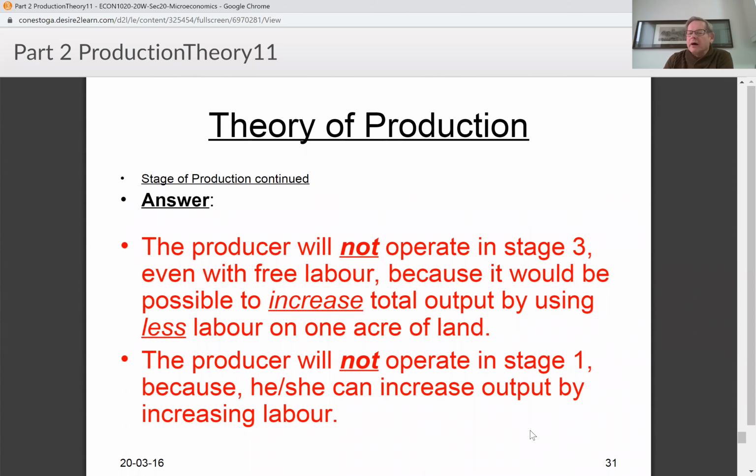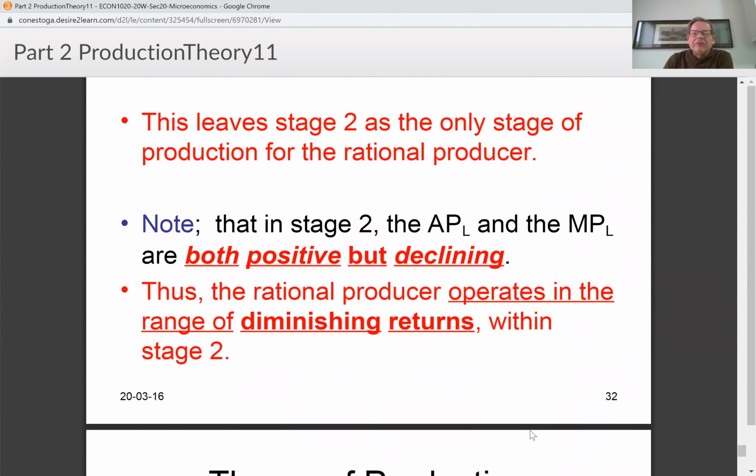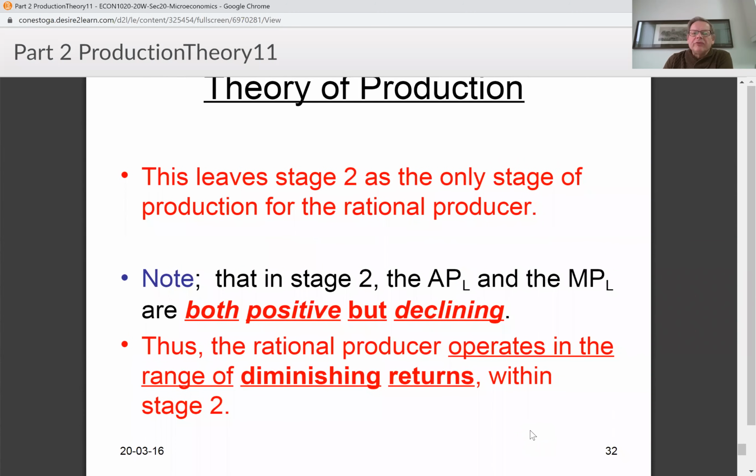The producer will not operate in stage three, even with free labor, because it would be possible to increase total output by using less labor on 1 acre of land. The producer will not operate in stage one because he or she can increase output by increasing labor. So this only leaves stage two as the only stage of production for the rational producer.